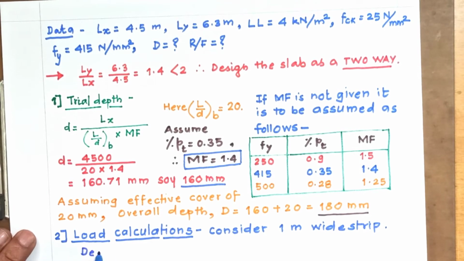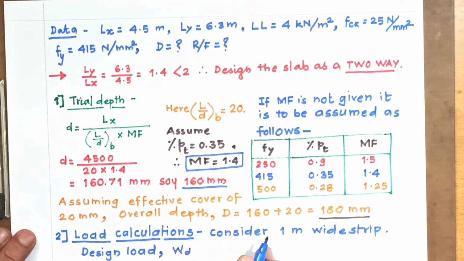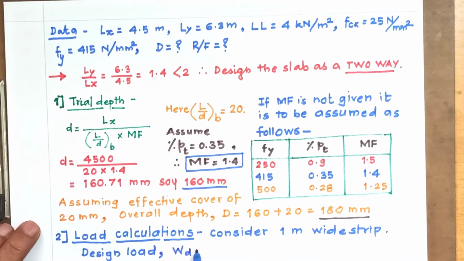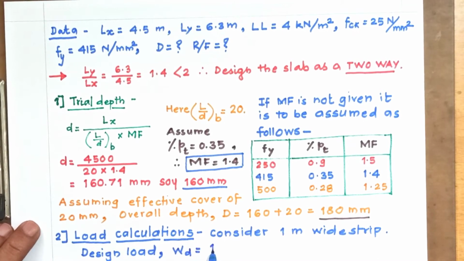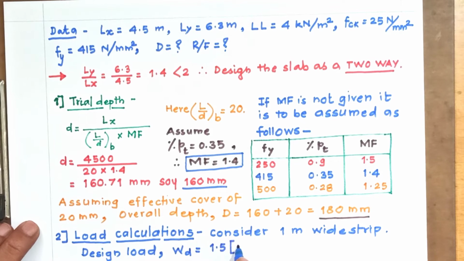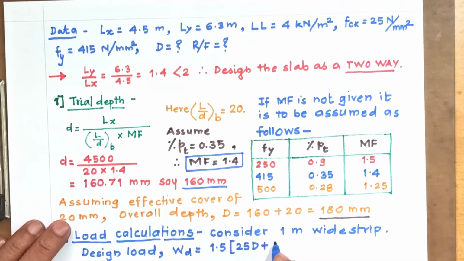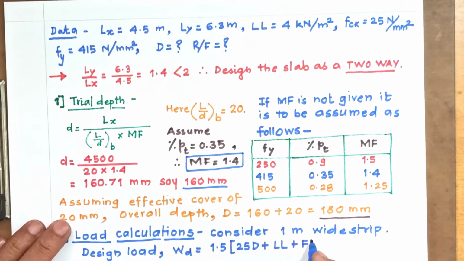Design load WD is equal to 1.5, this is for making it ultimate, into bracket 25D, this is the self weight of the slab, plus live load plus floor finish.